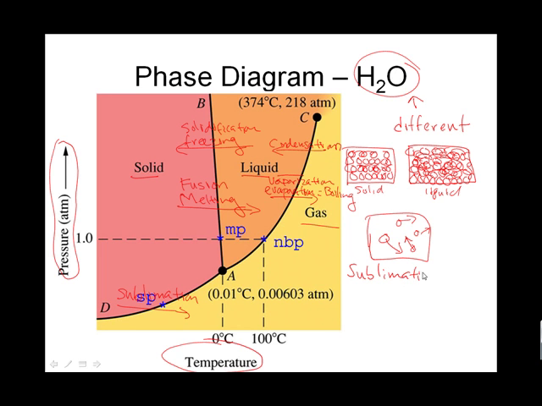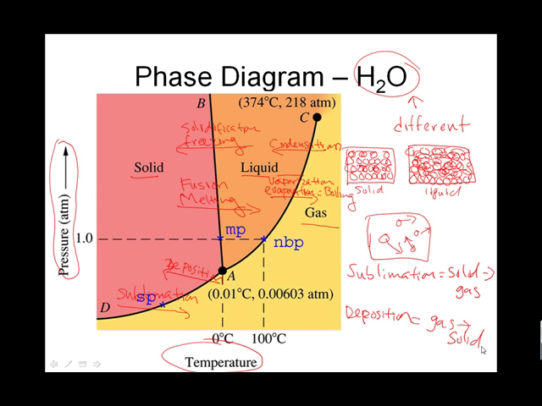Sublimation is when a solid turns into a gas. The opposite way is called deposition. So over here, this opposite way is called deposition. Deposition is when a gas turns into or goes into the solid phase.